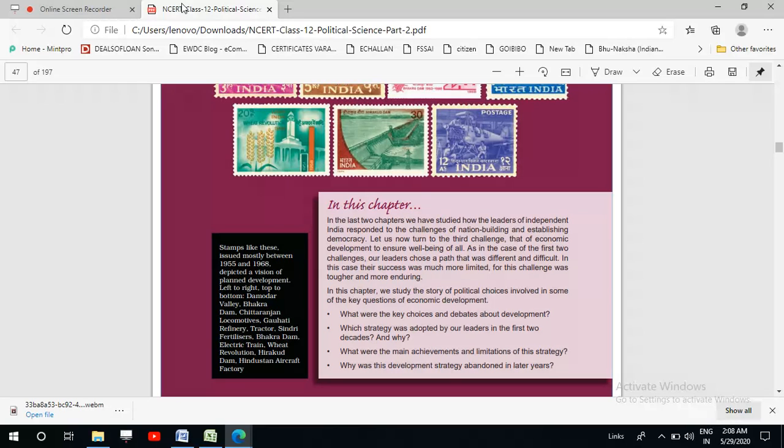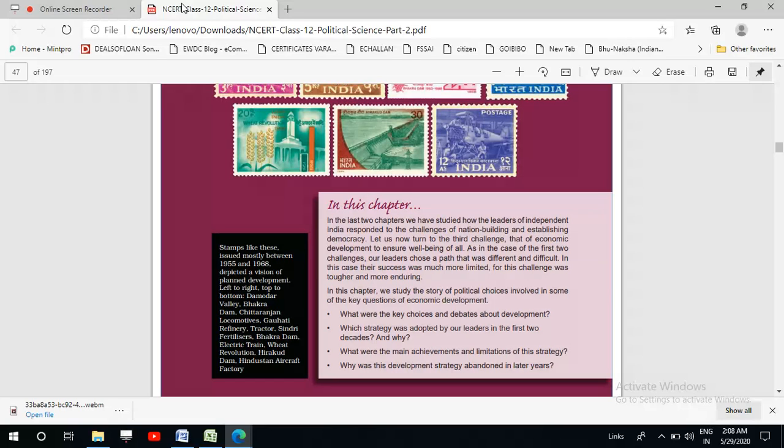Because during colonial rule, we experienced so much economic exploitation by the British that after getting independence, it became one of the prime responsibilities of the government to bring economic growth and development in the country.